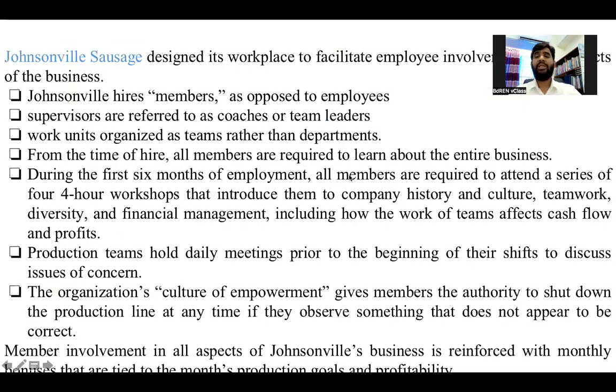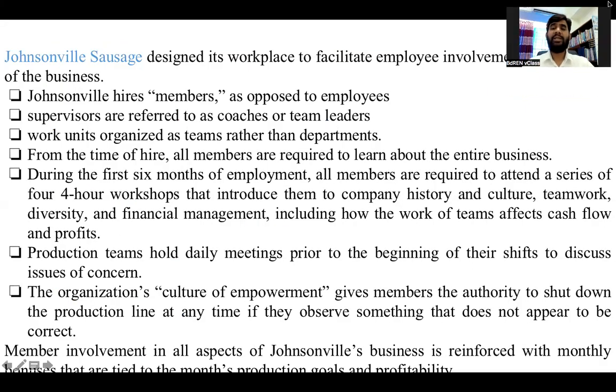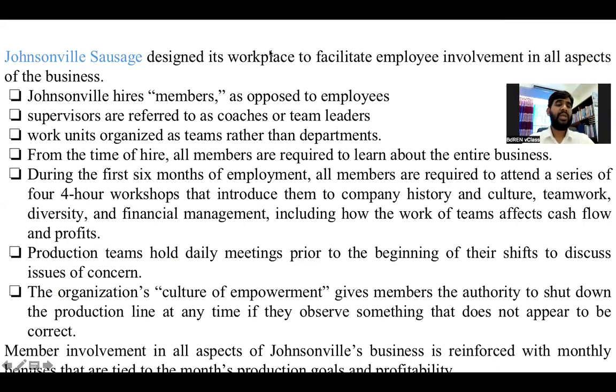Say for example, here there are some issues given. This is a case of Johnsonville Sausage. They designed the workplace to facilitate employee involvement in all aspects of the business. So what are the features of the new workplace designed by Johnsonville? Number one, Johnsonville hires members as opposed to employees.